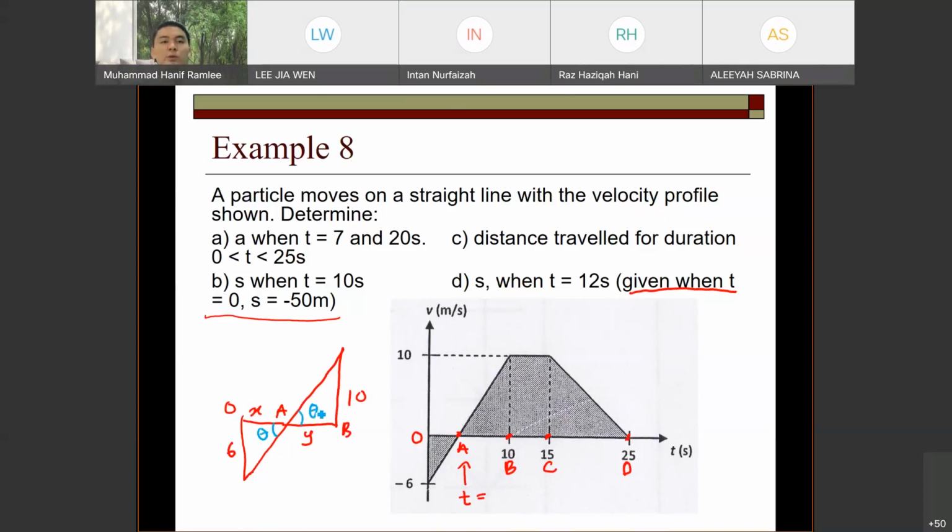So we can use a ratio actually. How to use a ratio? What formula? Asan, what is VOA? VOA stands for vertically opposite angles theory.